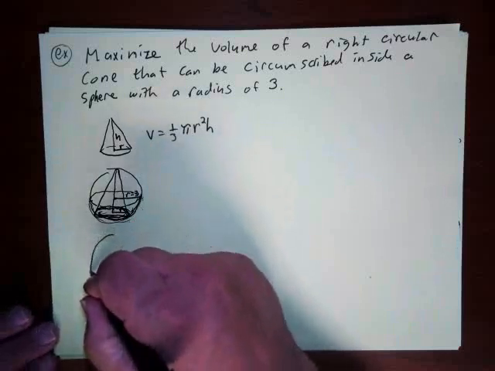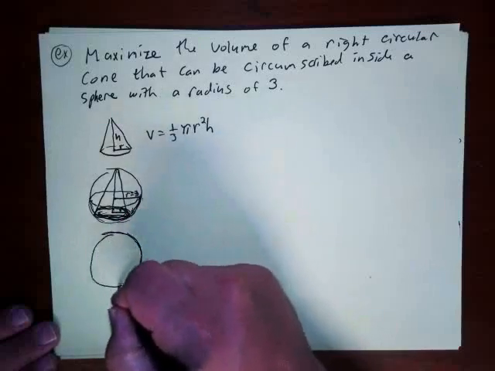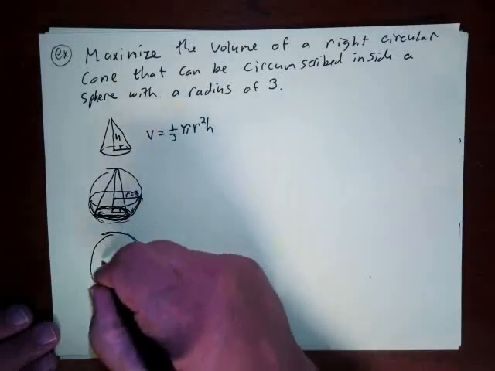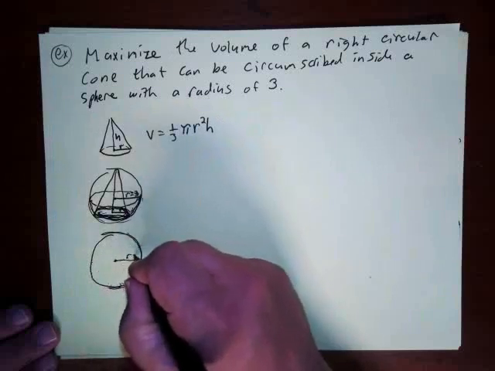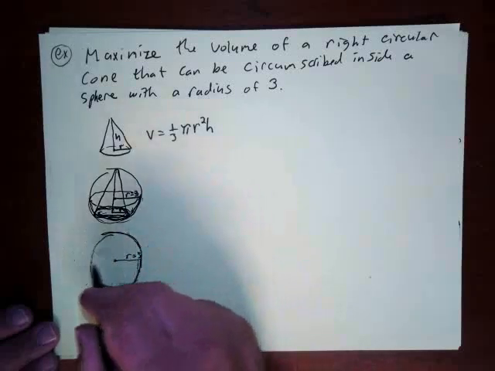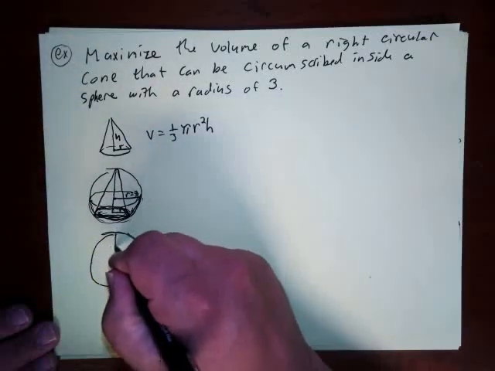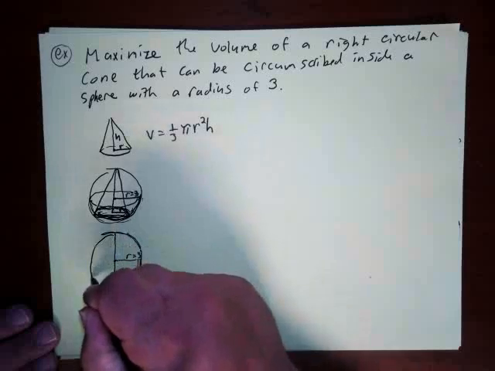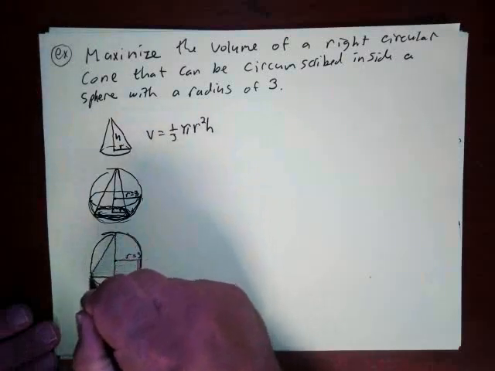So let me show you what it would look like from the side. I'm trying to draw a three-dimensional picture. You have a circle with a radius of 3, which is a cross section of the sphere. Then you have a cone, and it's going to look kind of like this.